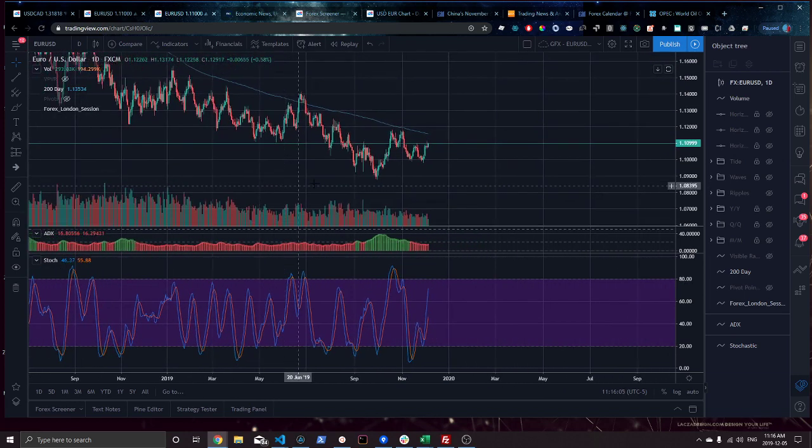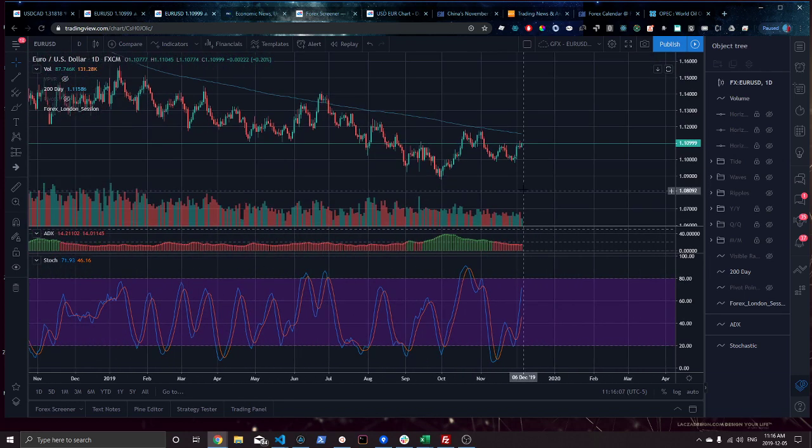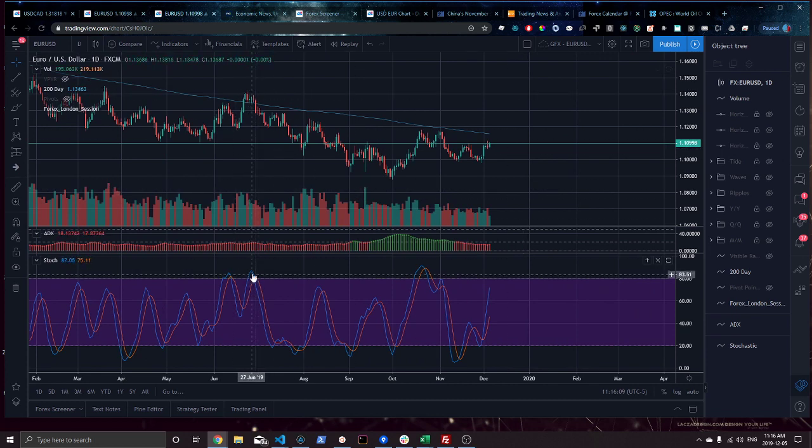So let's draw a couple of vertical lines to line up with anything that's over 80 or anything that's under 20, and see how those line up for indications on whether you want to buy or sell, or if it's a confirmation for your analysis if you're going to be buying or selling.